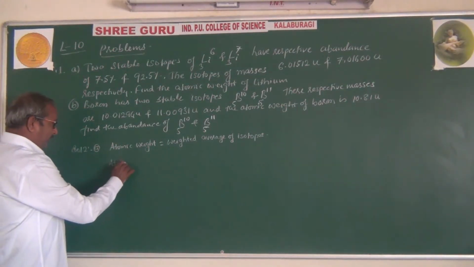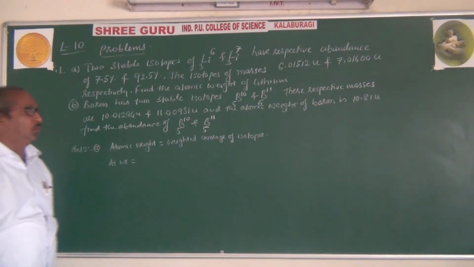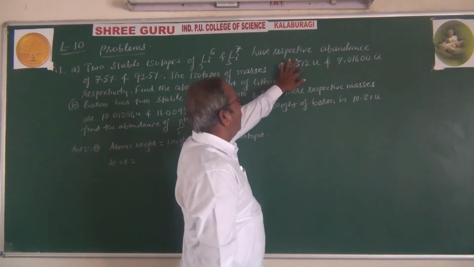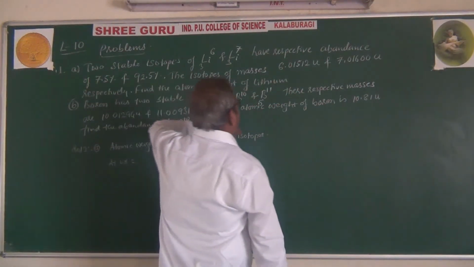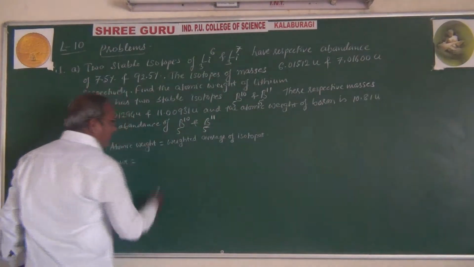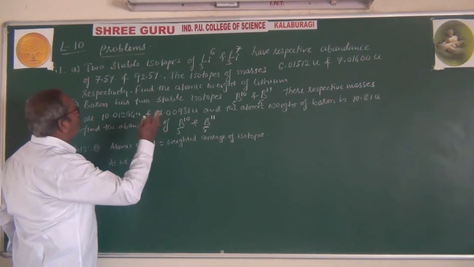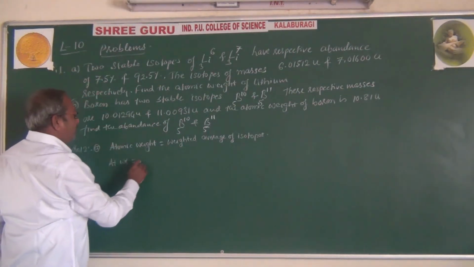Atomic weight equals, here we have the two isotopes. One is 6.01512 and its abundance is 7.5. So while finding the average, it will be the mass of the isotope into its percent abundance.